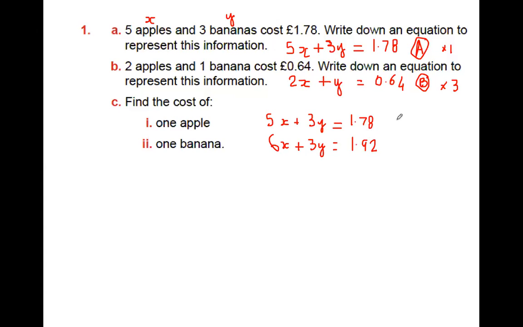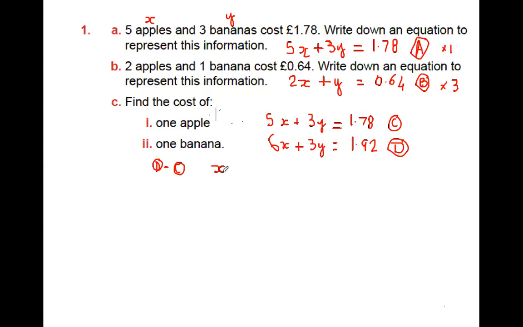So I've got my C and D now. Up to you, you can do C take away D or D take away C. You can write them the way you want. I'm going to do D take away C because I want positive. I love my positive numbers because they always get me out of jail. So 6x minus 5x, that's x.